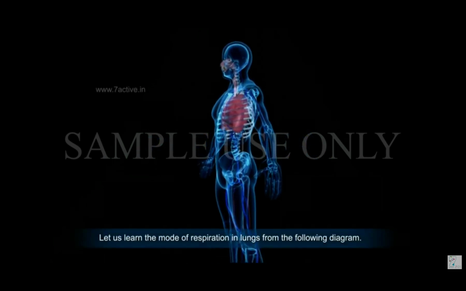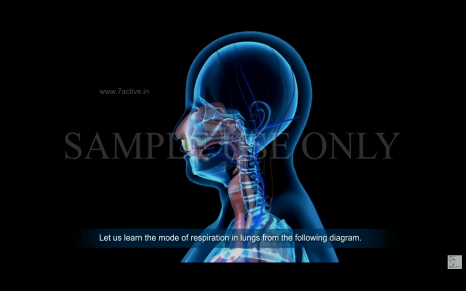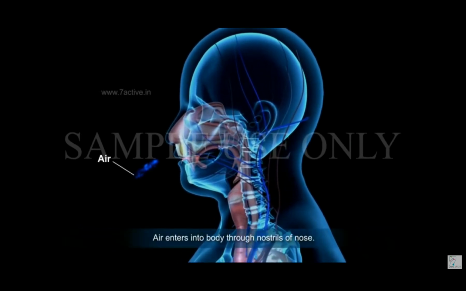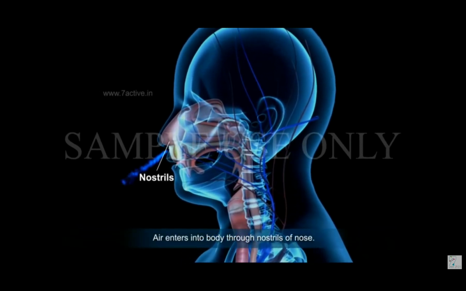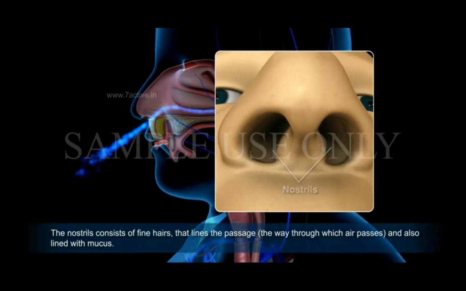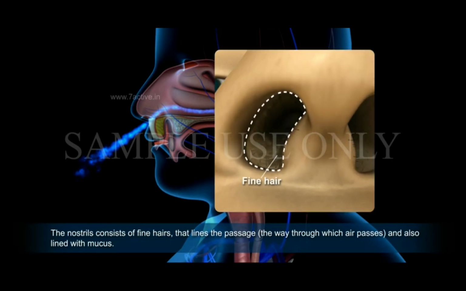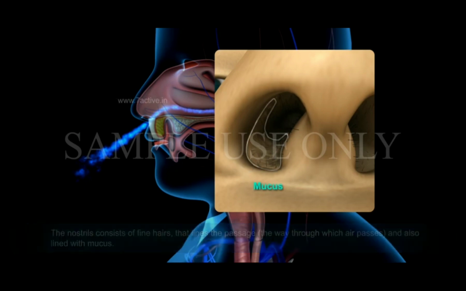Let us learn the mode of respiration in lungs from the following diagram. Air enters into body through nostrils of nose. The nostrils consist of fine hairs that line the passage, the way through which air passes, and are also lined with mucus.